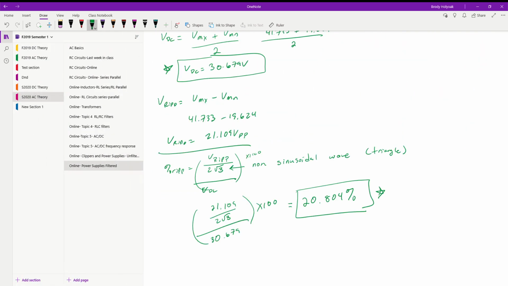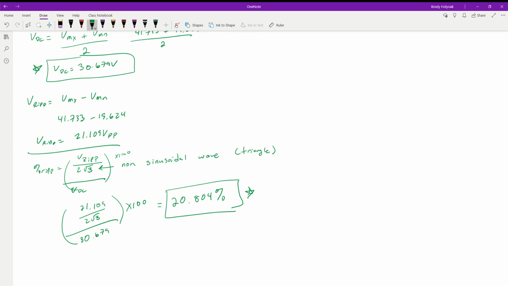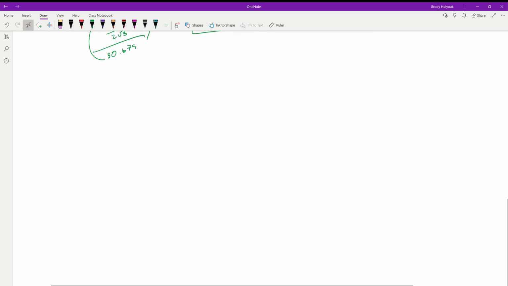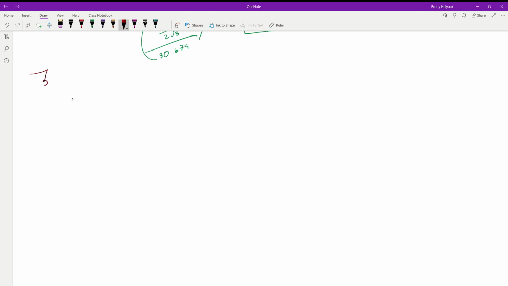So I'll get back into ours for the filtered section. The next section we want to look at is a full wave rectifier when we use just a simple filter. Again, we're going to have the same input: 120 volts at 60 hertz.